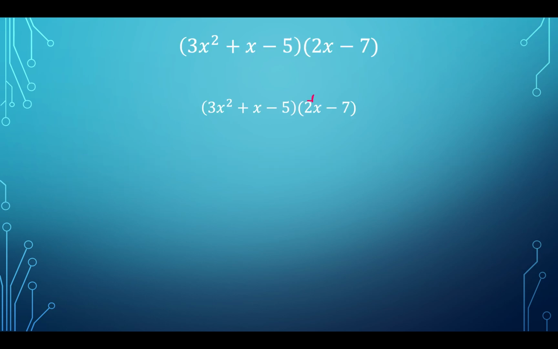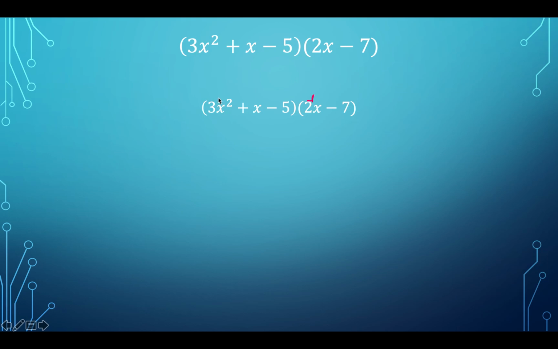Here, the first problem we have is in parentheses 3x squared plus x minus 5 times 2x minus 7. As we can see, this 3x squared plus x minus 5 is our trinomial, and our 2x minus 7 is our binomial.